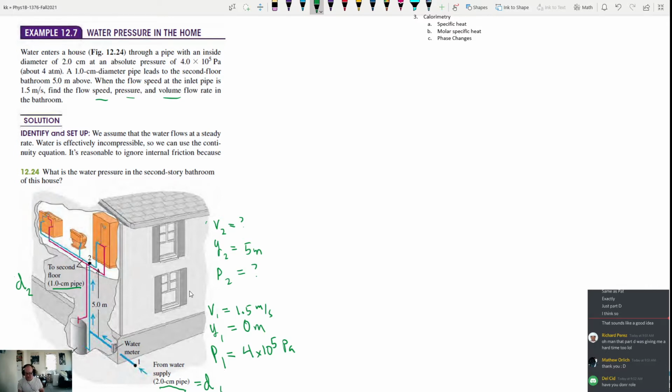So which one of these would be the best thing to start with finding? What do you all think? How should we get started? Which one of these two quantities, velocity or pressure, do you want to find first?